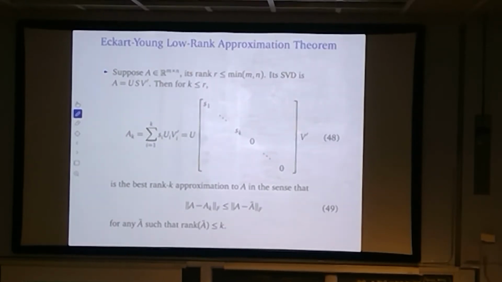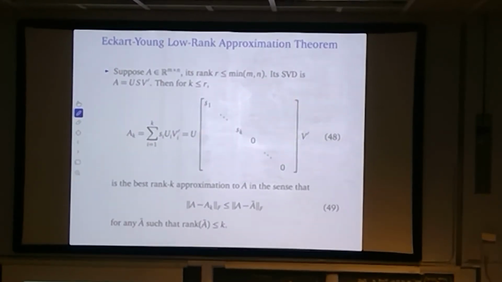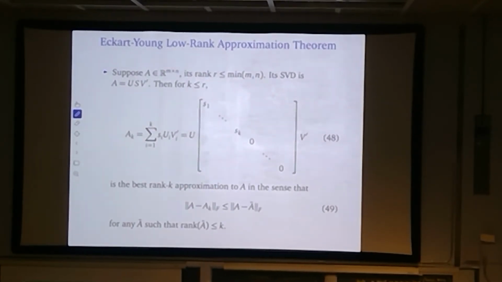So we have this Eckart-Young low-rank approximation theorem. It states the following. Suppose I have an n by m matrix, and its rank is R. Of course, the rank is always at most the minimum of these two dimensions. And we suppose it has this SVD decomposition, singular value decomposition. Then you pick a k less than or equal to the rank R. The A_k takes this form.